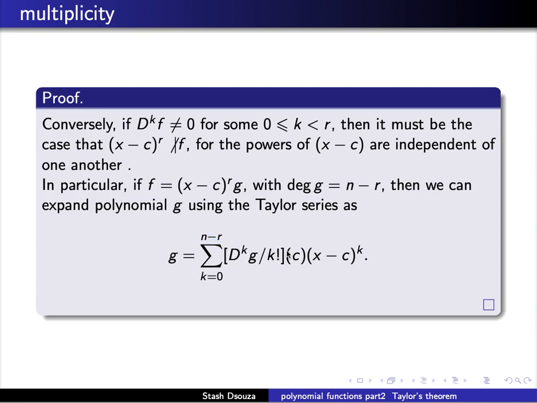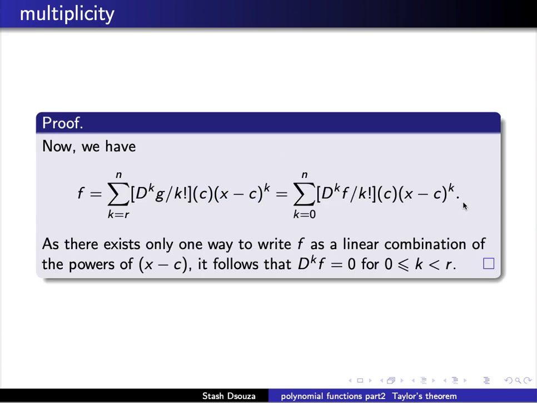And the coefficients are given as the kth derivative of g upon k factorial evaluated at c. This is just the standard Taylor's theorem. Now, we combine this with the definition of f by multiplying it with the expression x minus c to the power r.